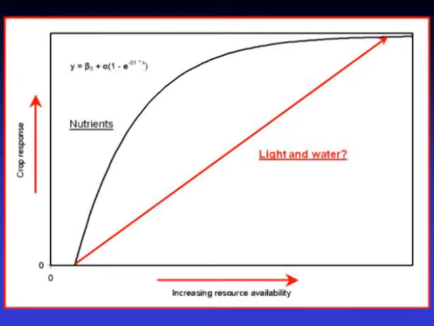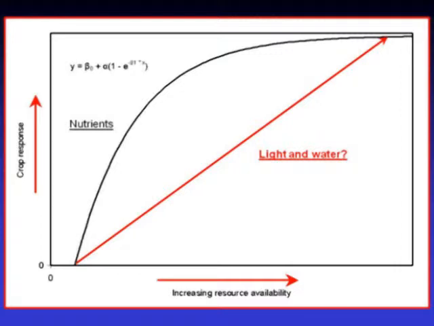Now this is well characterized for all the nutrients. In essentially every crop that you can think of, we see this same kind of response to all the different nutrients that crops need. What's a little bit less clear is exactly how these responses for light and water are needed by the crop. In general, the scientific literature says that this, instead of looking like the nutrient response, is a straight line.